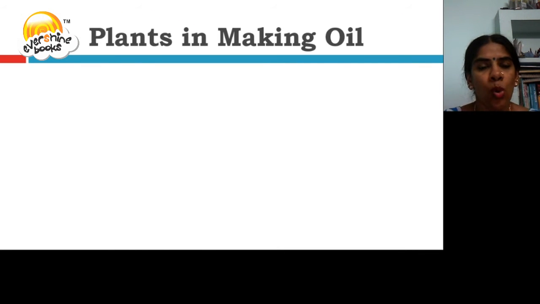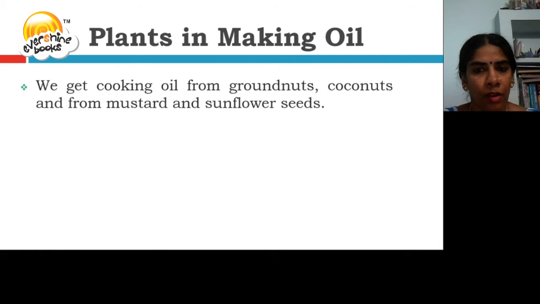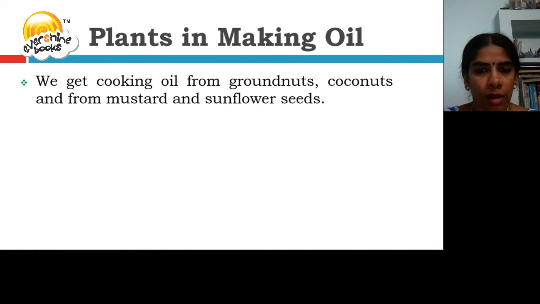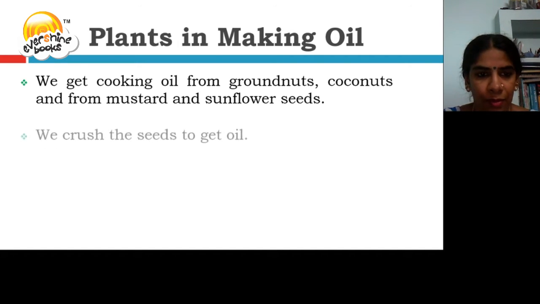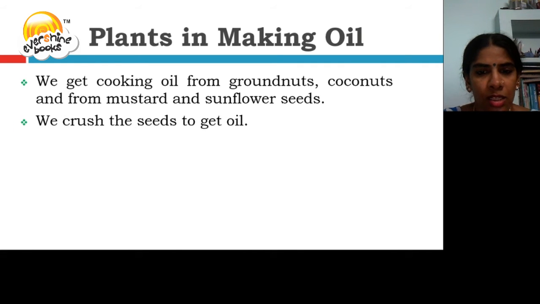Let us see how plants help in making oil. We get cooking oil from groundnut, coconuts and also from mustard and sunflower seeds. We crush the seeds to get the oil.